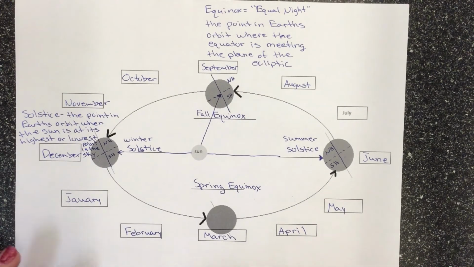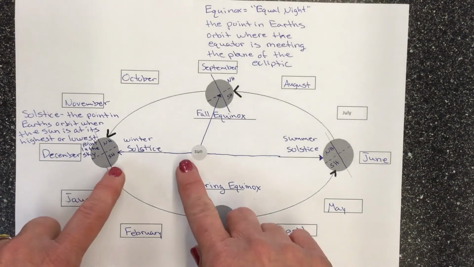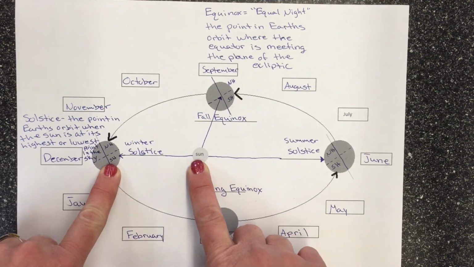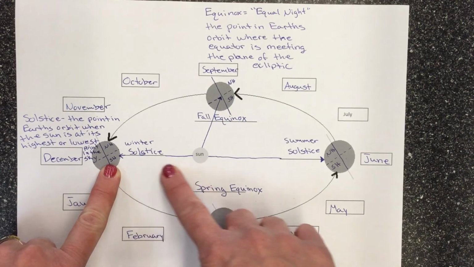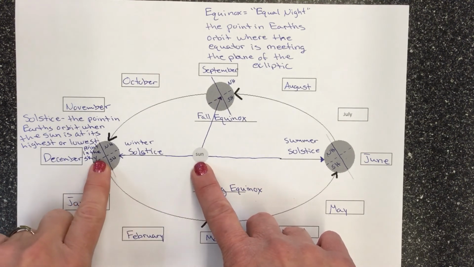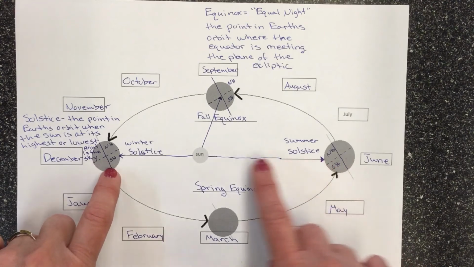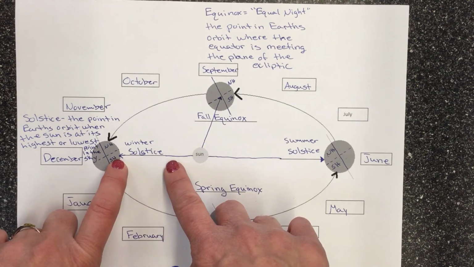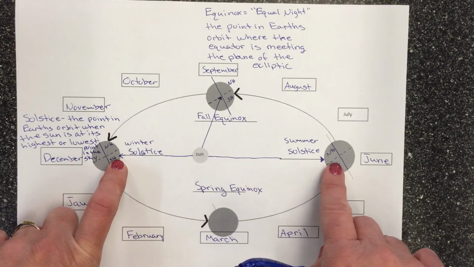One thing I want to make sure that you understand really clearly is that in December we are actually closer to the sun, which means that distance from the sun is not the thing that affects seasons. Distance from the sun has no effect on seasons. Our seasons are affected by the direct sunlight that we get during that particular season.